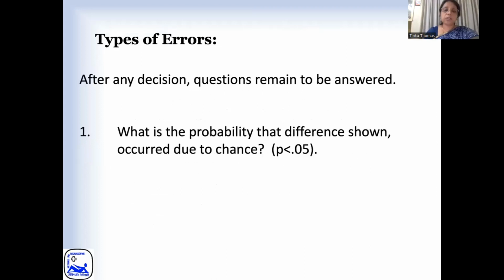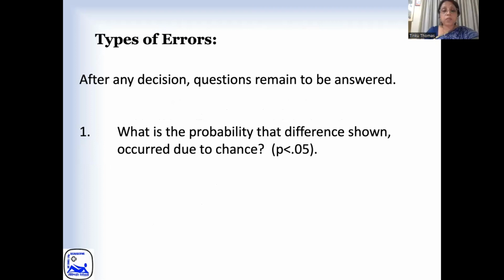So in addition to understanding the study design and how you are actually measuring the outcome, we also have to keep in mind the two errors that I had mentioned earlier, the type 1 error and the type 2 error.